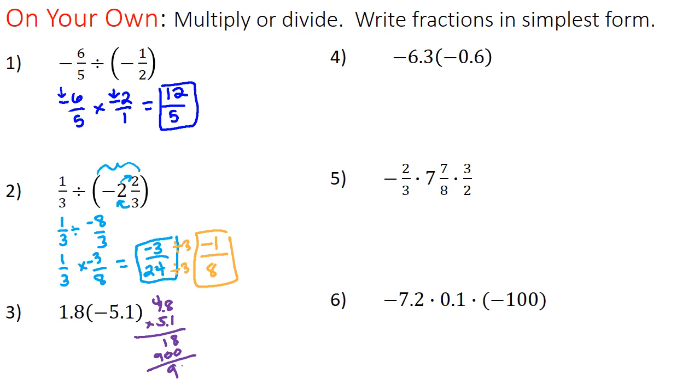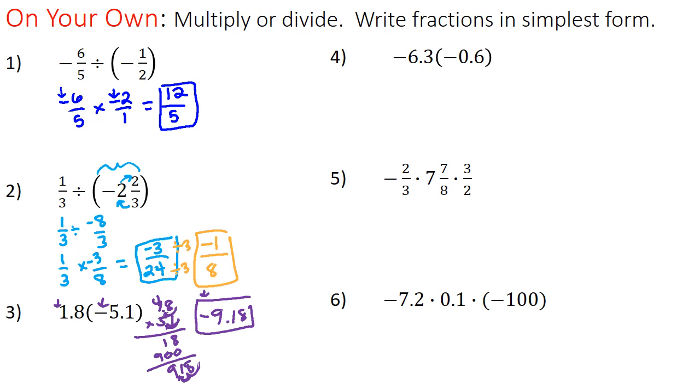So I end up with 918, and then because I come in one decimal place here and one decimal place here, I need to come in 2 decimal places here. So my final answer needs to be negative 9.18, and that is because I know that a positive times a negative is a negative, and when I have these 2 decimal spots right there, I need to bring in my decimal on my answer by 2.